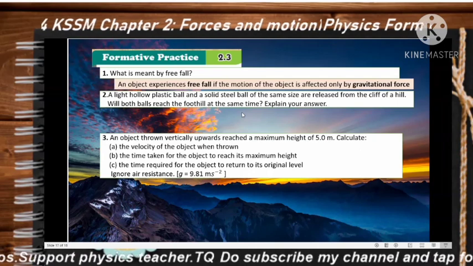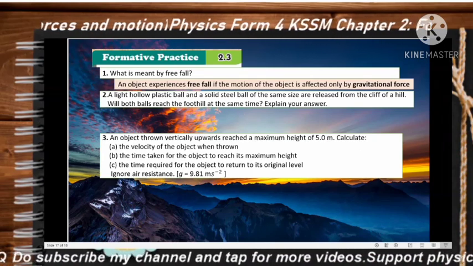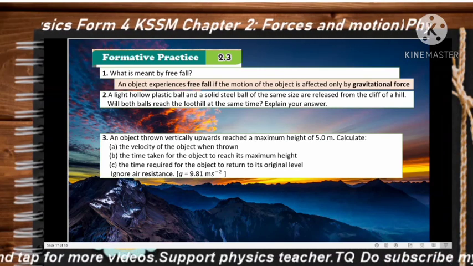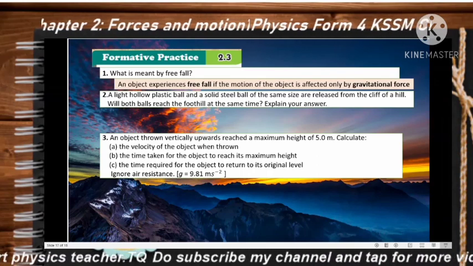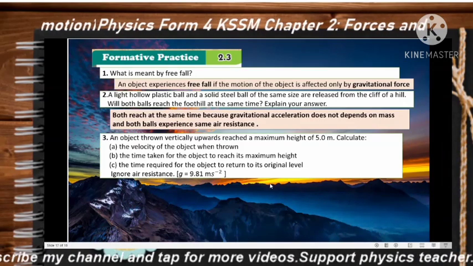Both will fall at the same rate and reach the ground at the same time. So that one shows that the acceleration due to gravity does not affected by mass of the object.